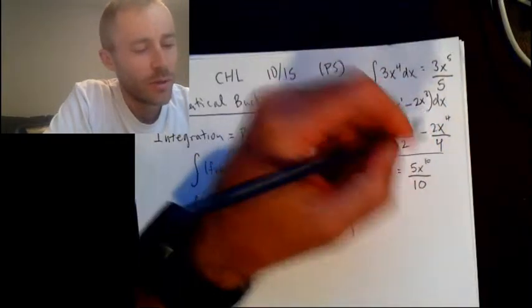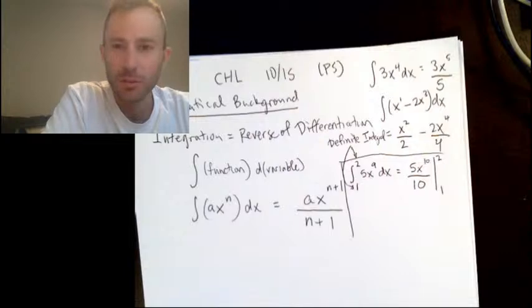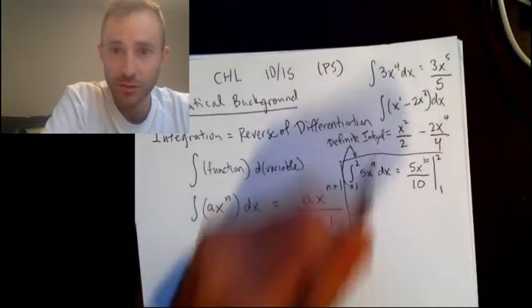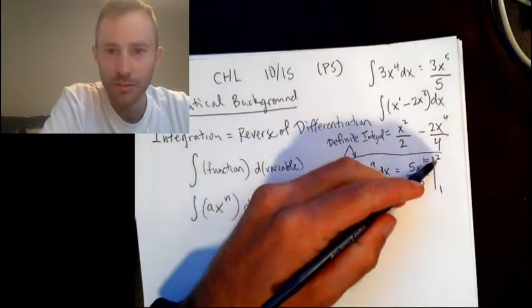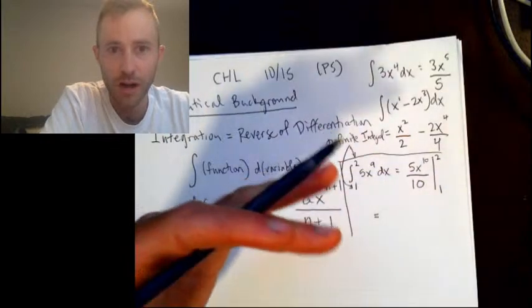And then we evaluate it from 1 to 2. What that means is you take the function that was the result of the integration, plug in 2 to that function, plug in 1 to that function, and subtract them.